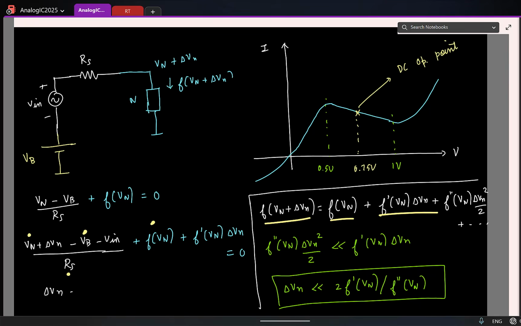I'll end up with delta Vn minus Vn by Rs plus, I'll write it like this, f dash of Vn times delta Vn equal to 0. Does it make sense?